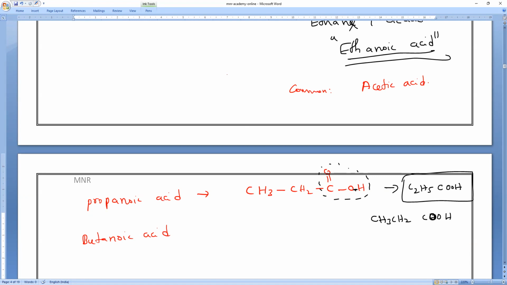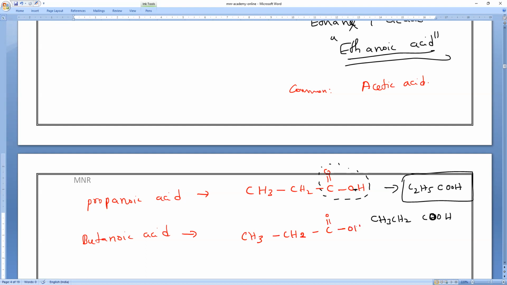Any formula can be asked in the exam. Unless you know the common name and the IUPAC name, it is not possible to draw the structures. So the structure is always very, very important. In the exam also, that only they will ask you. So next, butanoic acid, what will happen? 4 carbons. So I will take CH3, CH2, C double bond O, single bond OH.